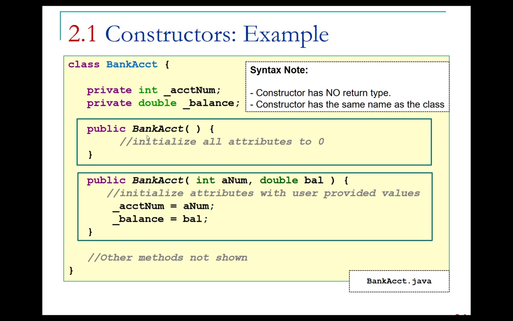Also notice that a constructor has the same name as the class name: BankAccount, BankAccount. The first constructor actually does nothing still. It is just like the default given by Java, but it has to be here because we're going to use it in our test programs on this bank account. The second constructor has the input parameters a number to set the account number and a balance to set the balance.